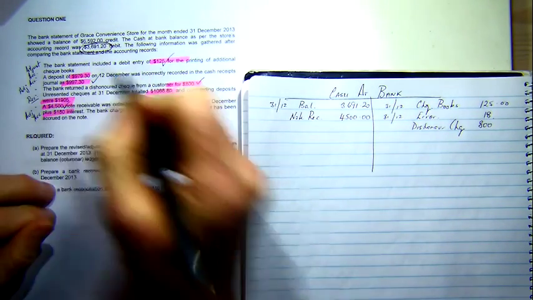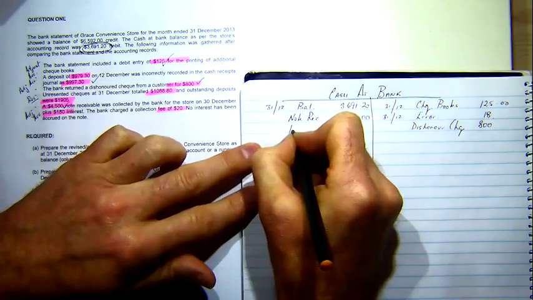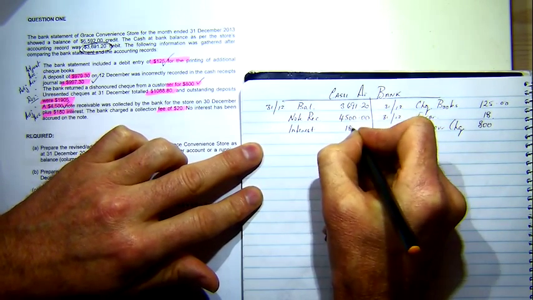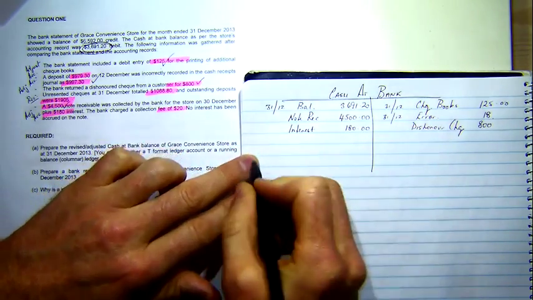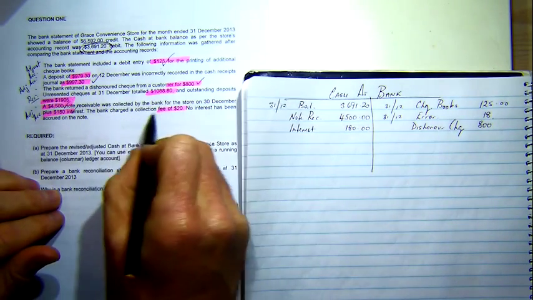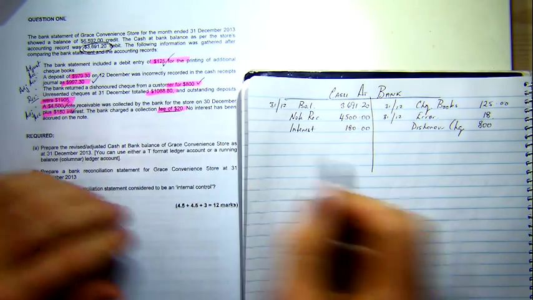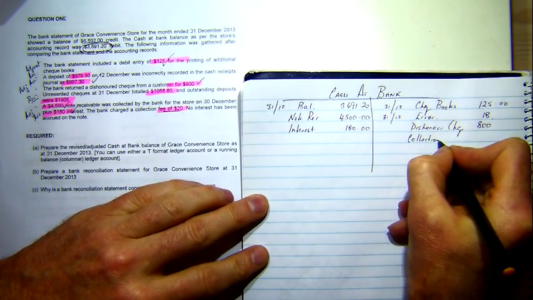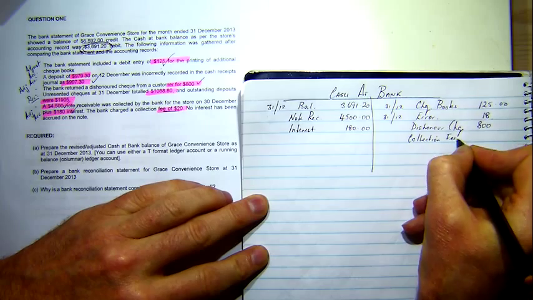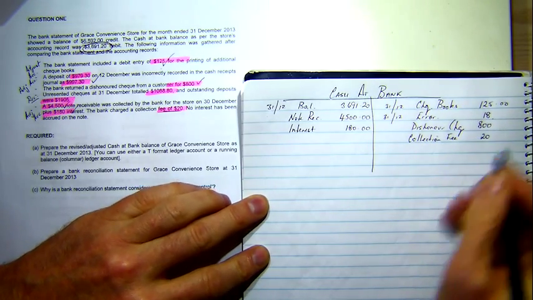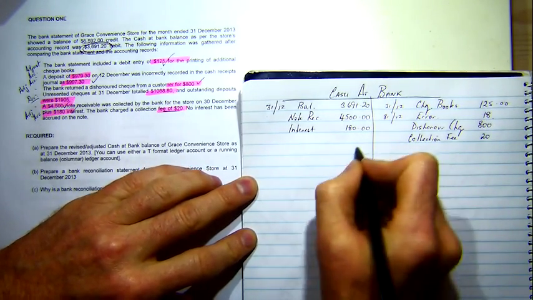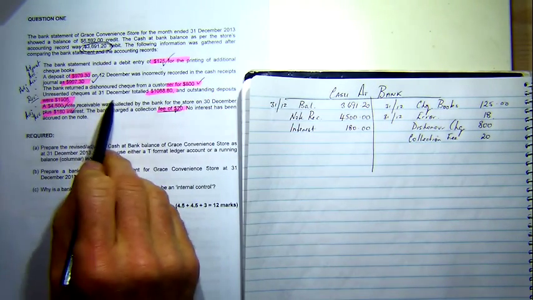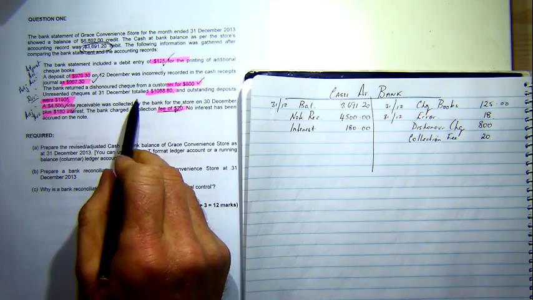I'll tick that one off. I received interest of $180, and I was charged a collection fee, so it's going to reduce my amount, of $20. All right, now that's taken care of all my items besides my reconciling items. We do that in the bank reconciliation.